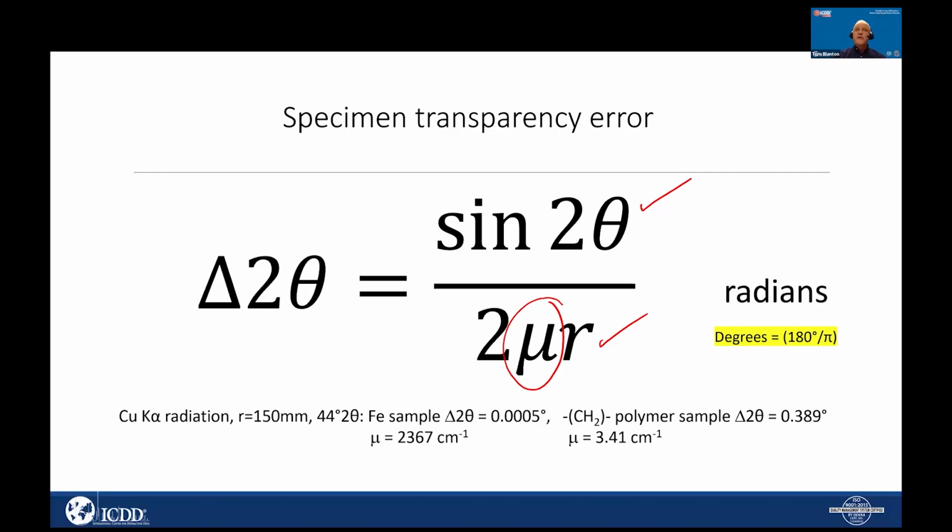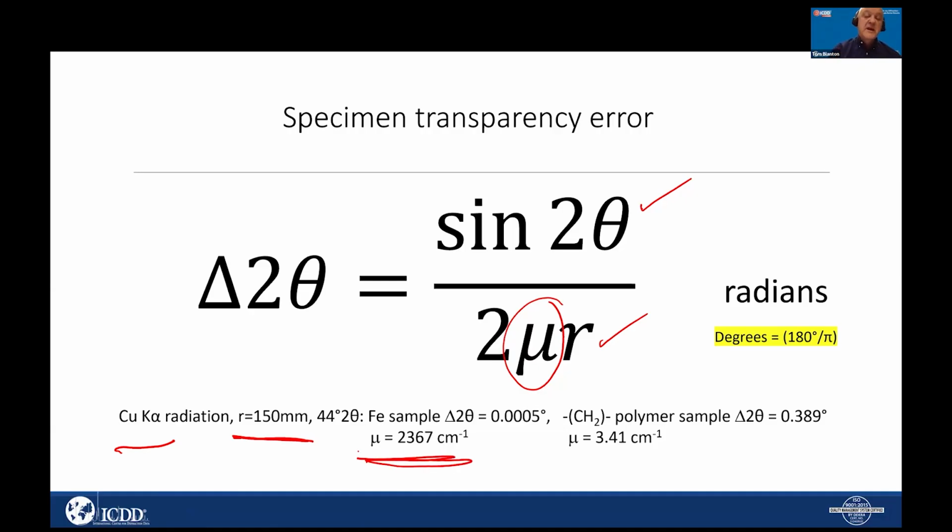Now, this coefficient varies depending upon the radiation you're using, the elements of the phase that you're looking at, as well as the density. As an example, if I'm working with a benchtop type diffractometer that tends to have a shorter radius, and I'm looking at a peak at 44 degrees 2 theta using copper radiation, the linear attenuation, which is a product of the mass absorption coefficient times the density, is rather large for iron.